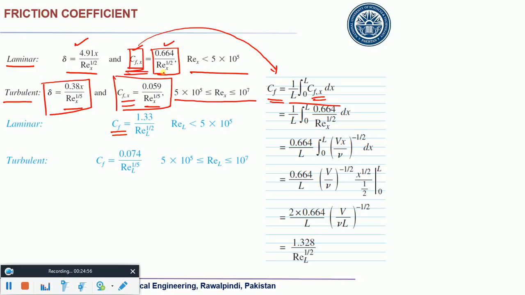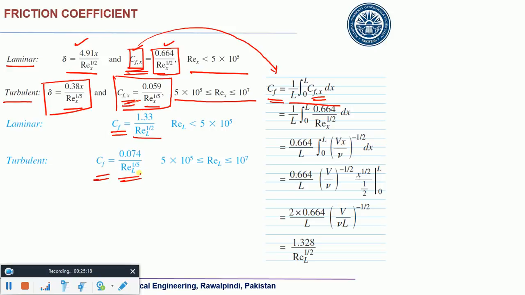If you integrate it and divide it by L, you would come up with this relationship, 1.33 over Reynolds number raised to power 1 by 2. Similarly, for turbulent flows, if you integrate this relationship, you would come up with this one.